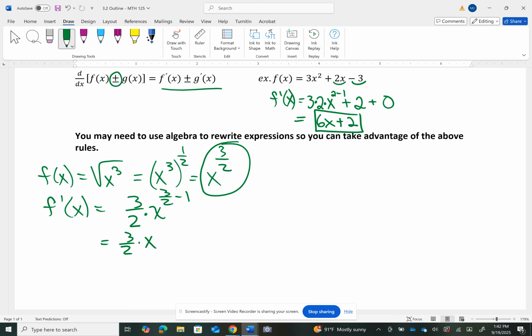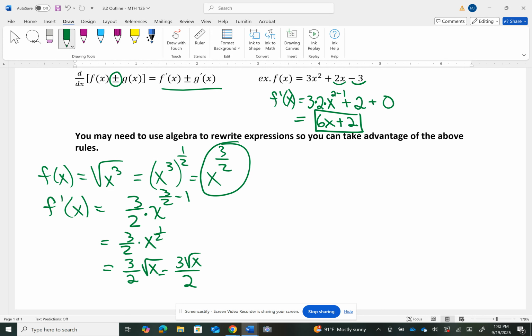And you need to get good at fractions. 3/2, 1.5. 3/2 take away 2/2, or 1.5 take away 1 would leave you with a 1/2 right there. And so your answer on this would turn out to be 3/2, and then got to get back into radicals, and that would be okay, or you could write it like that. So you sometimes have some rewriting to do.